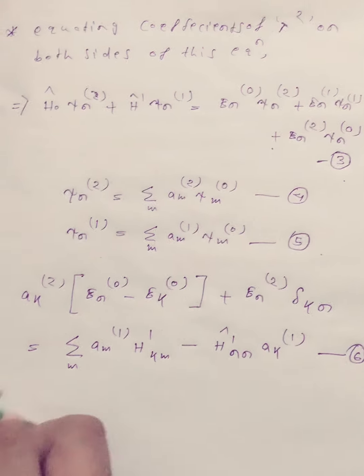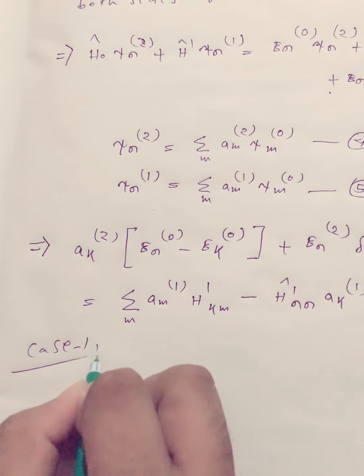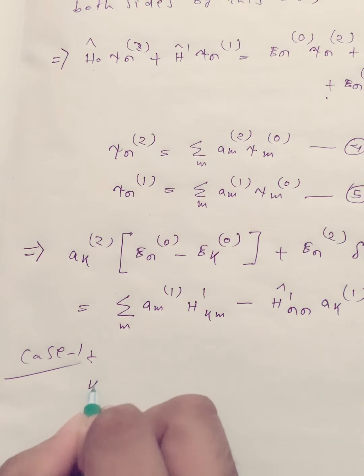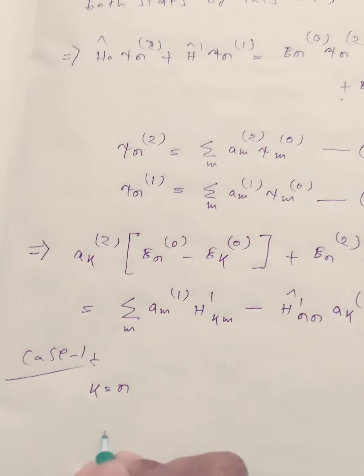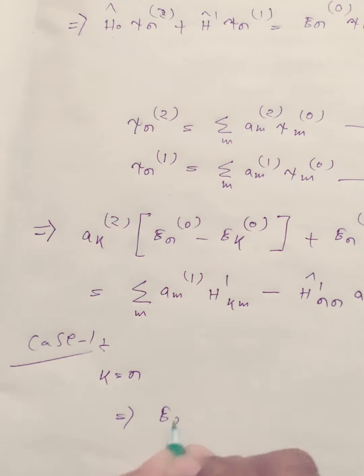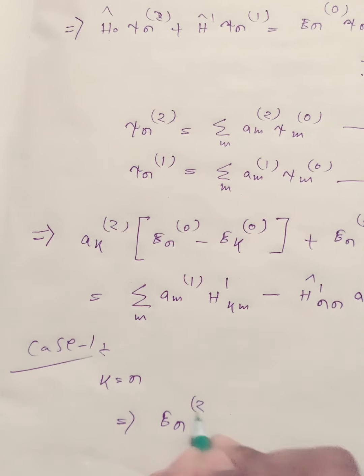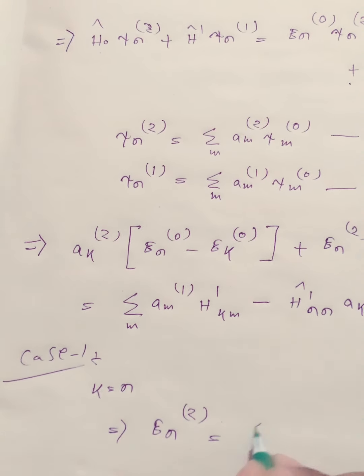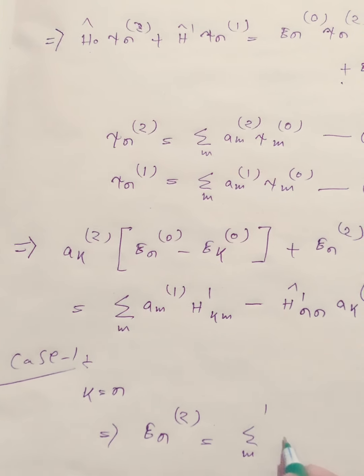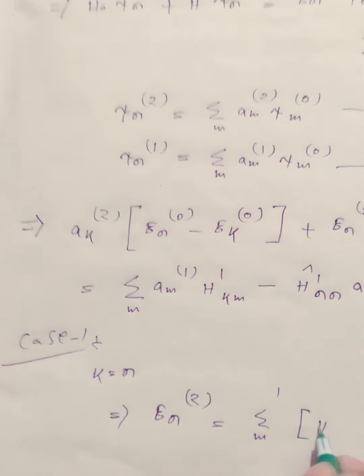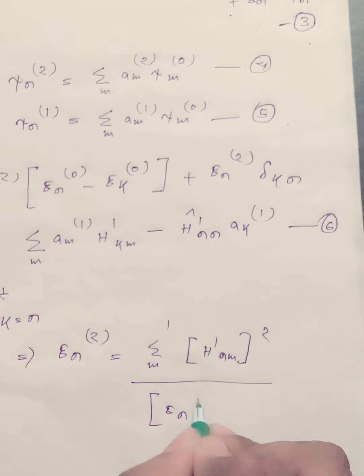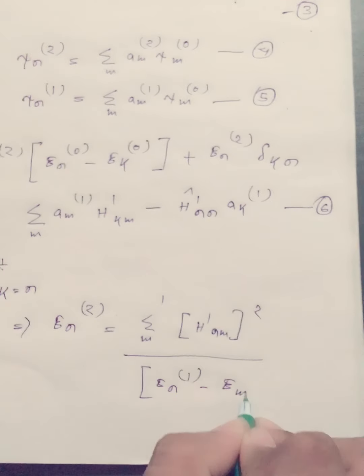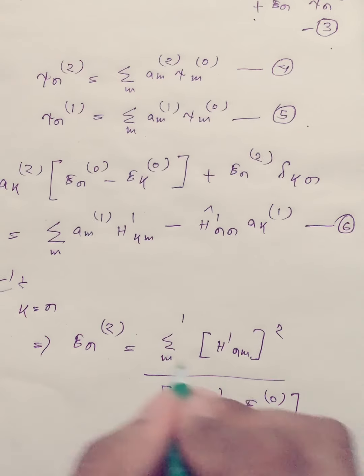Case 1 is k equal to n. When k is equal to n, you get En 2 equal to sigma m prime, H prime nm whole square, divided by En 0 minus Em 0.